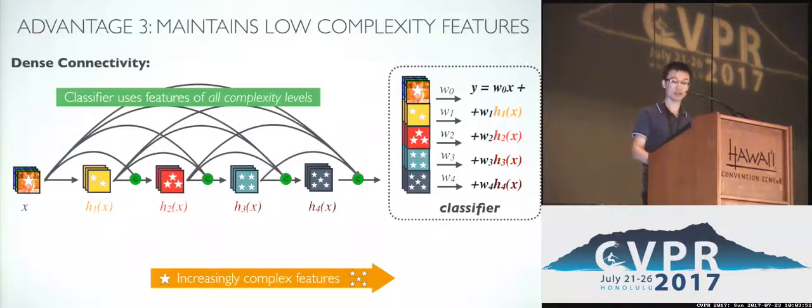This tends to give smoother decision boundaries, and this usually gives high generalization performance. So this probably explains why DenseNet works especially well when the training data is insufficient.